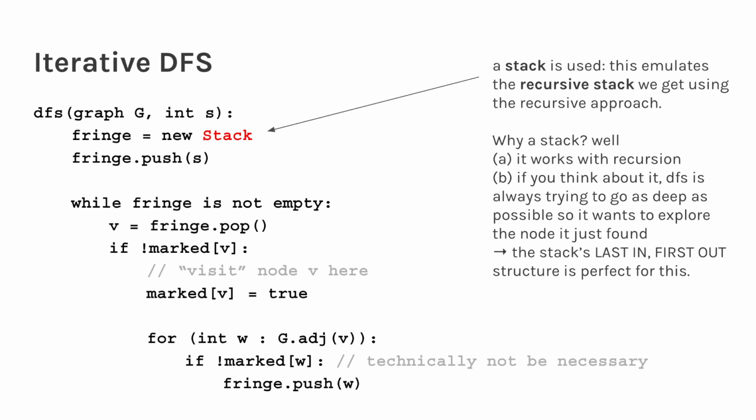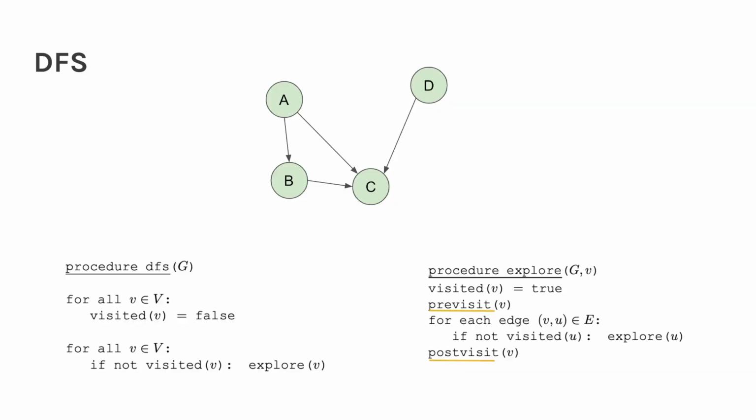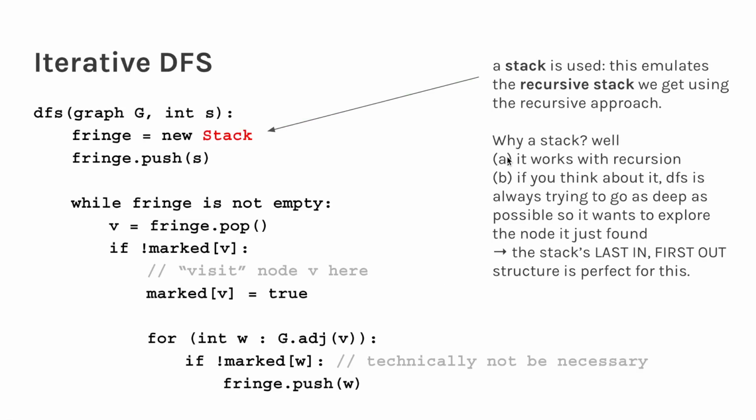The main thing to keep in mind is we have to explicitly create a stack data structure. And this stack emulates the recursive stack that we get when we use the recursive approach. So with the recursive approach, we're repeatedly recursively calling explore. Then when we return out of that, we get this stack where we had this last in, first out structure.